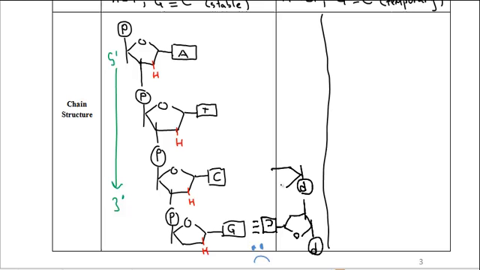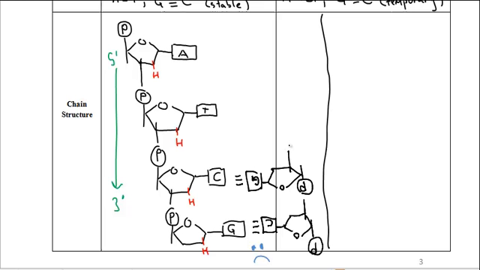See how now, because it's what we say anti-parallel, it's able to sort of reach back to the other base. That's going to be a G to complement the C.